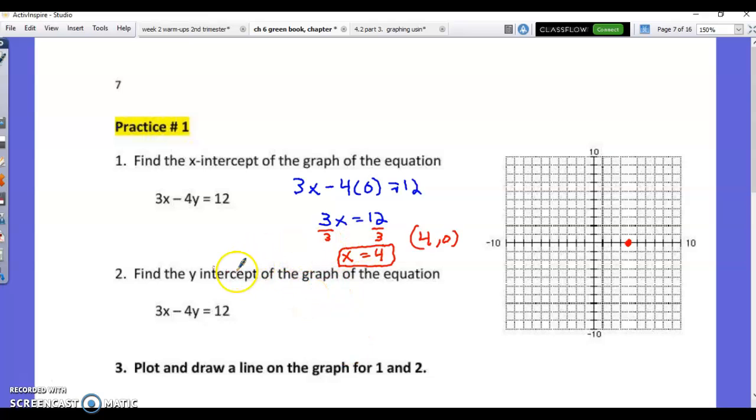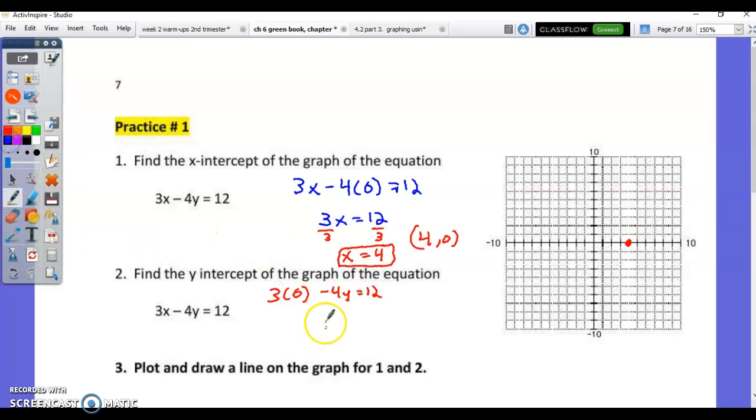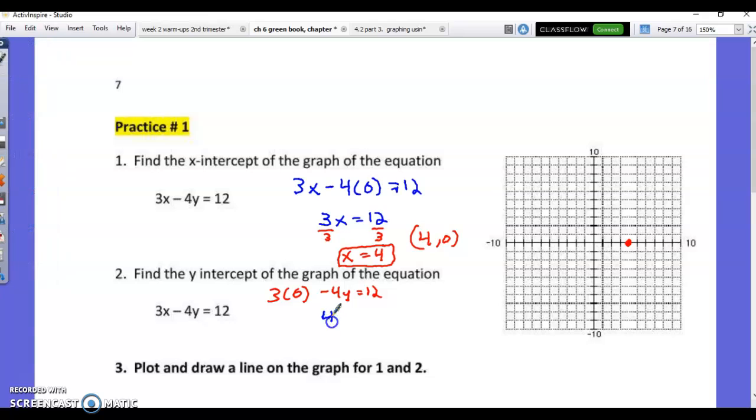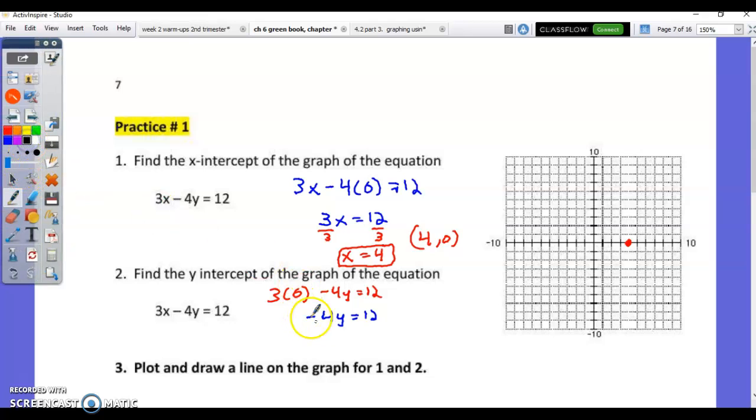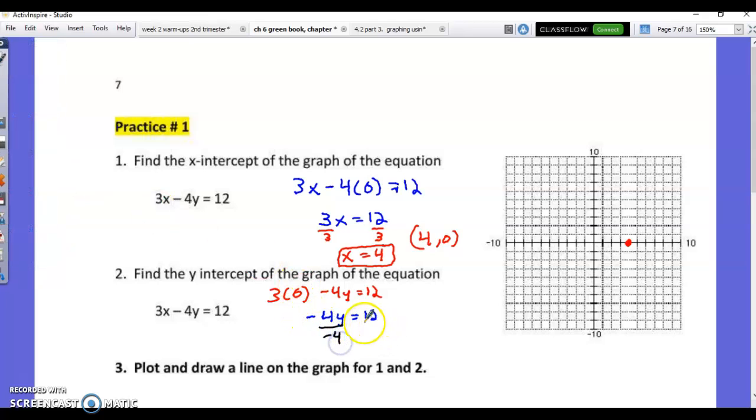So to find the y-intercept, we have to put 0 in for x. So we have 3 times 0, which makes it go away, minus 4y equals 12. So we do our next step. Negative 4y equals 12, divide by negative 4. And we get y equals negative 3.